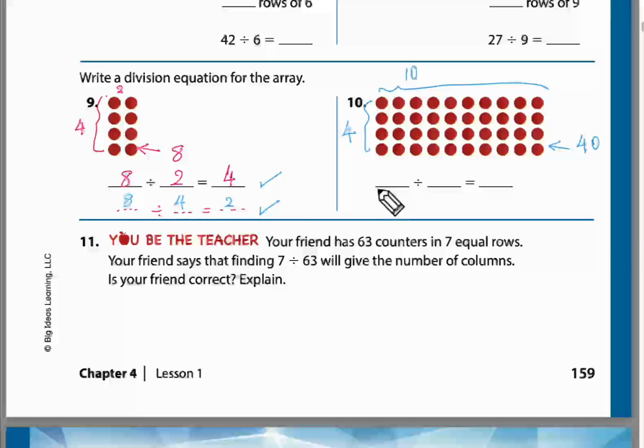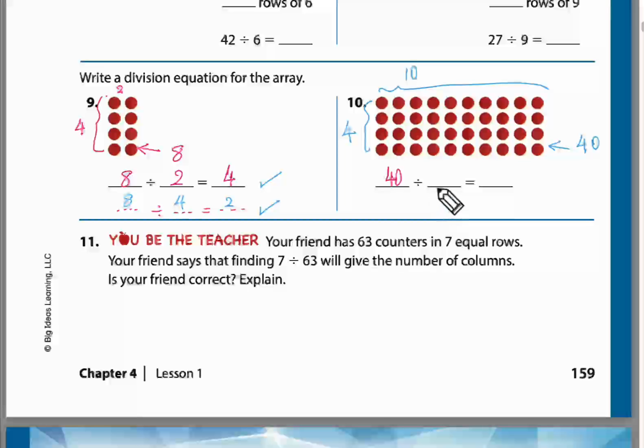I did it by myself. Okay, just wait. So what is the dividend? The dividend is the number that we divide. 40. Okay, so I should write here 40.